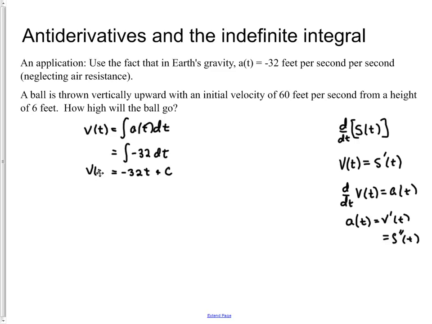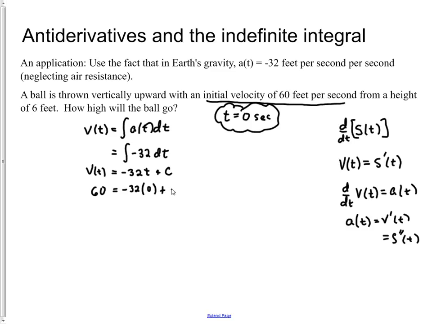Well, what could we say about that constant of integration? We know that we've got an initial velocity of 60 feet per second. When we say initial velocity, that means the velocity at time t equals 0 seconds. So that's an initial condition. At time t equals 0, we're told that the ball will be traveling exactly 60 feet per second.